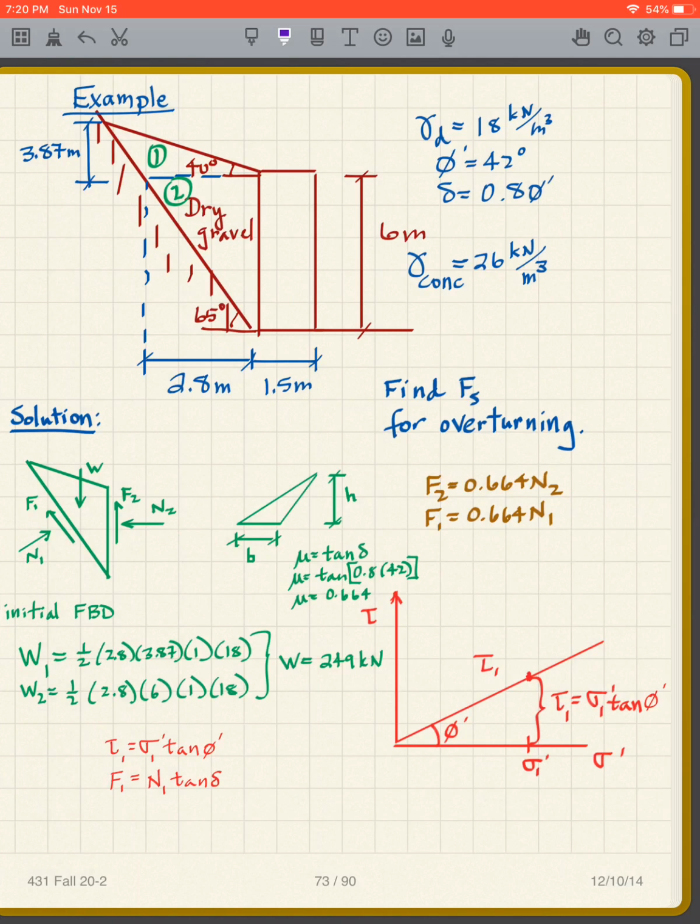Okay, I want to talk about another problem, going back to our wall design, where we have our rock face, and we're just putting in dry gravel or dry sand behind it, and we have to analyze this wedge.